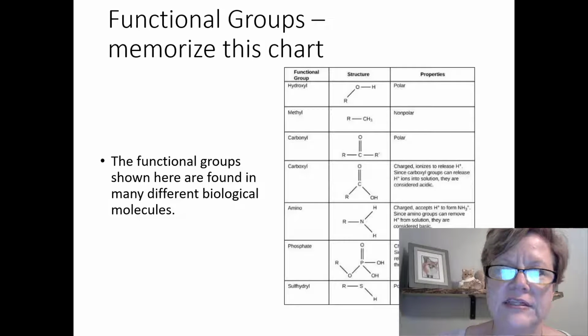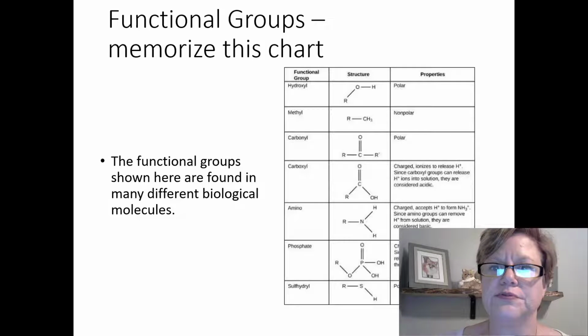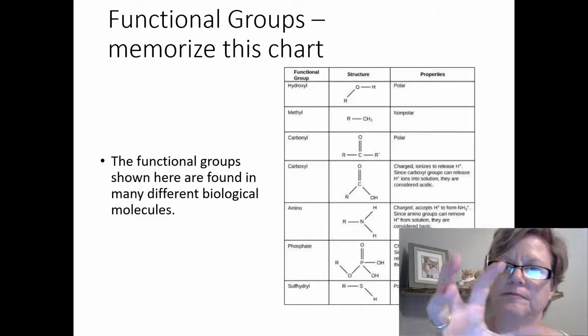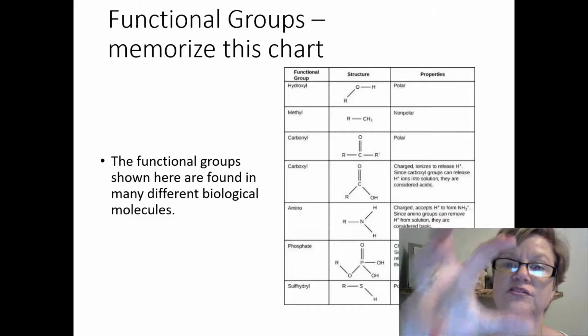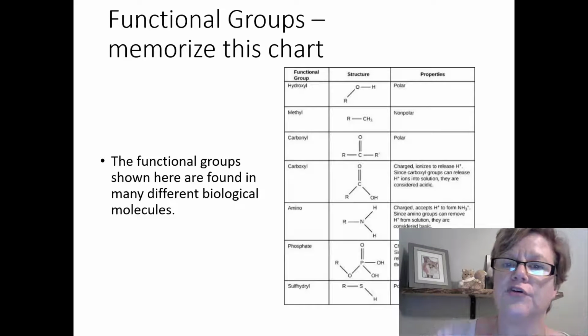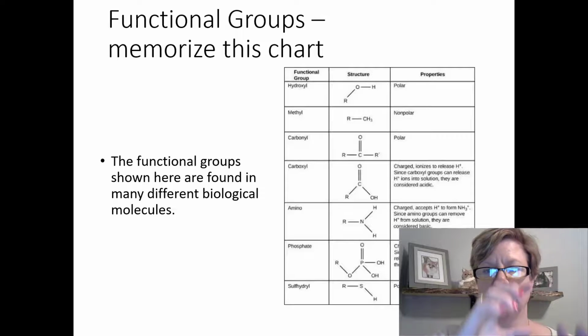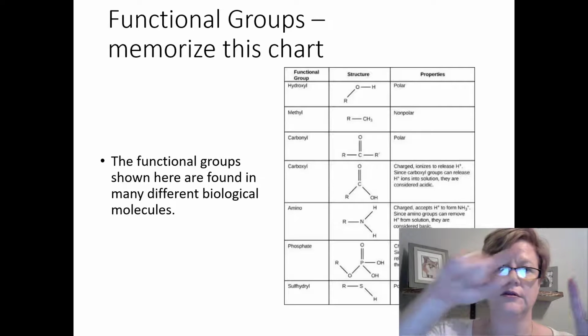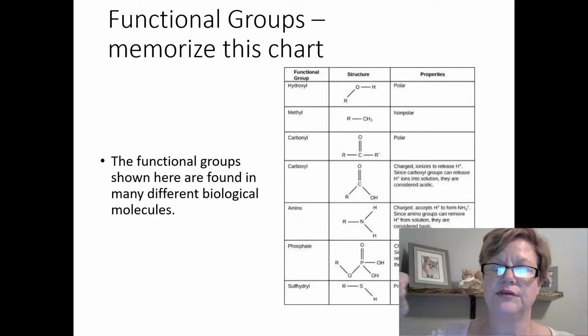Now, the last thing in this chapter are what we call functional groups. Functional groups are small groups of atoms that tend to be attached as a group to hydrocarbons. So we talked a little bit about the hydrocarbons, the ones that make a ring and the ones that make a straight chain.